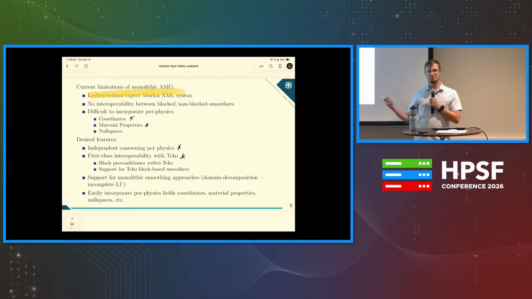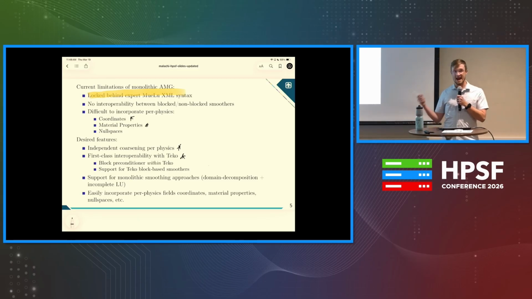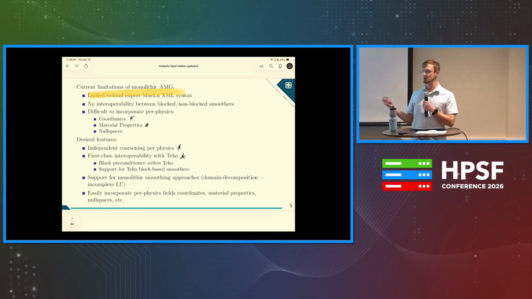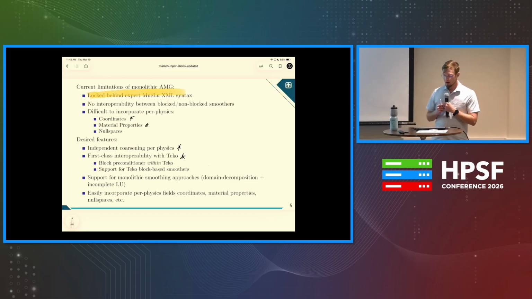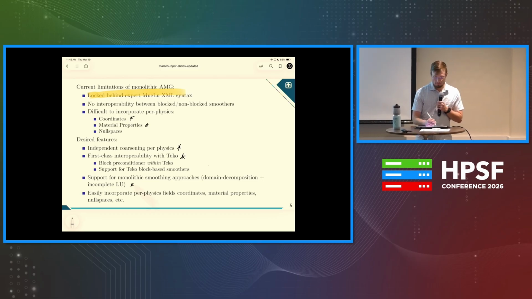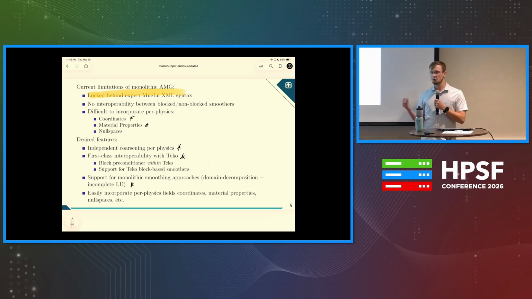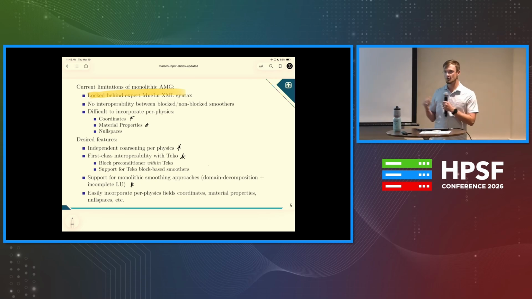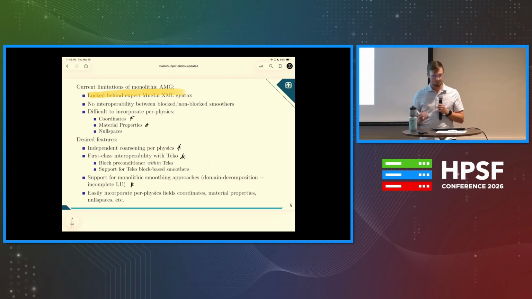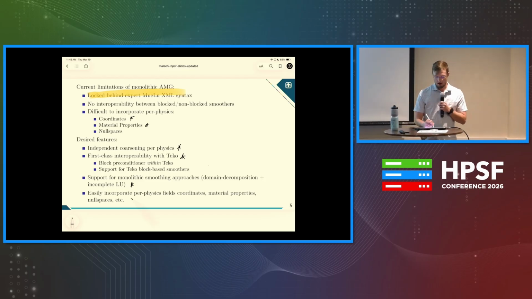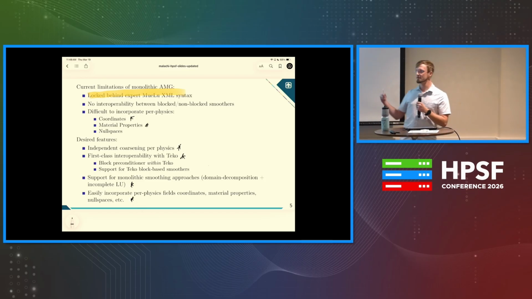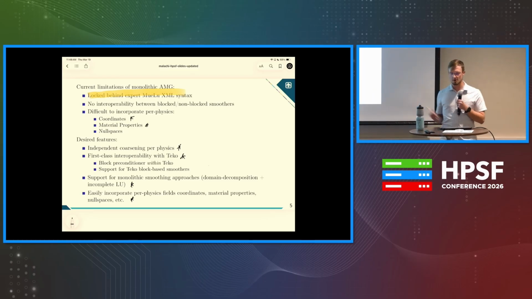That means I want to be able to both use this in Teko and also use Teko as a smoother inside this. But I also want support for monolithic smoothing approaches, where I can actually use a domain decomposition approach as a smoother on the monolithic system. And lastly, I also want to be able to incorporate all of the per physics fields that end up being useful.